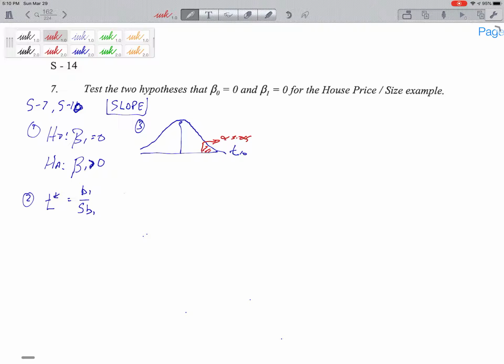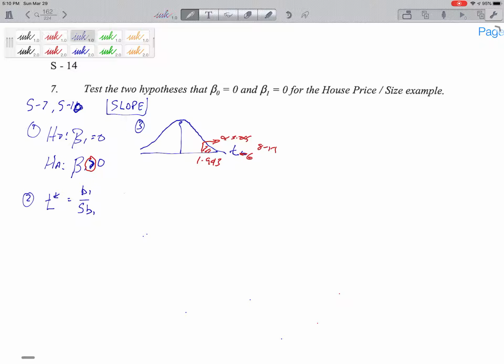It's going to be an upper tail test, and that's based on the sign of HA. If you look that value up, you're going to get 1.943, and that is your critical value.